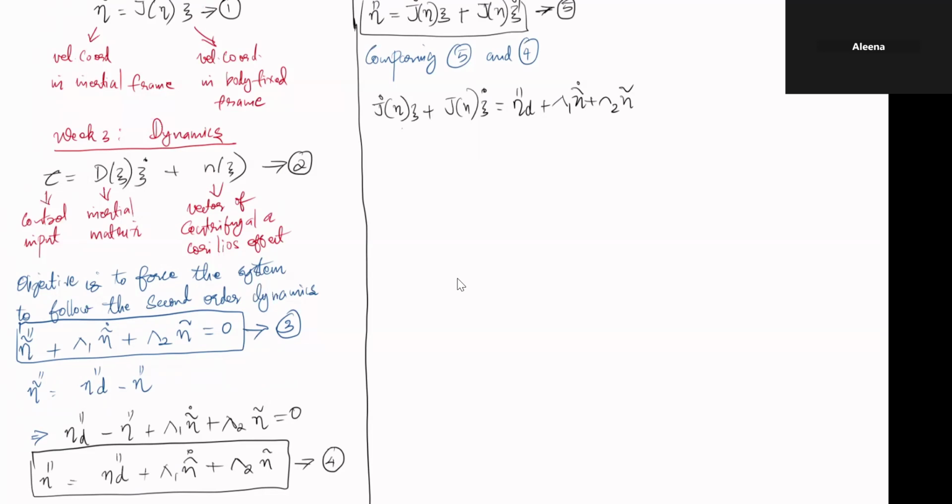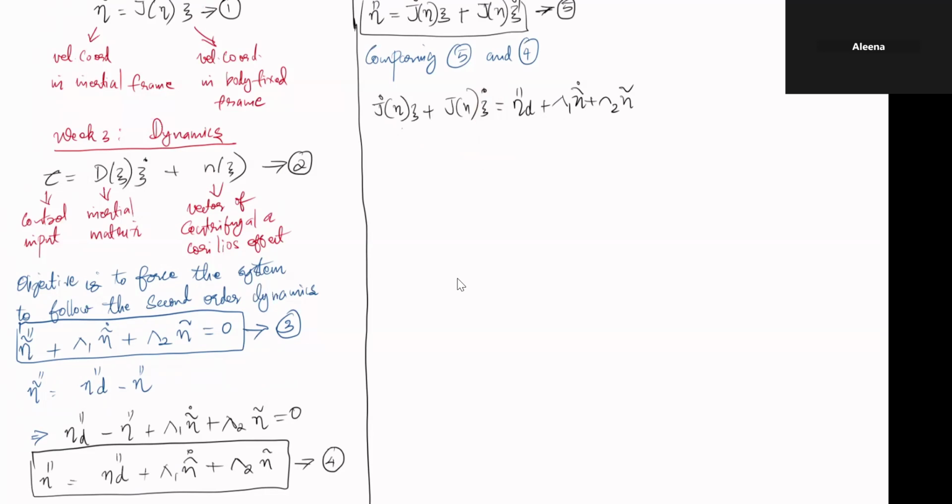What I'm going to do is try to find an expression for zeta dot. So I'll have to move this term over to the other side.